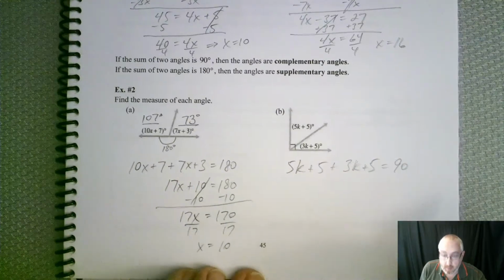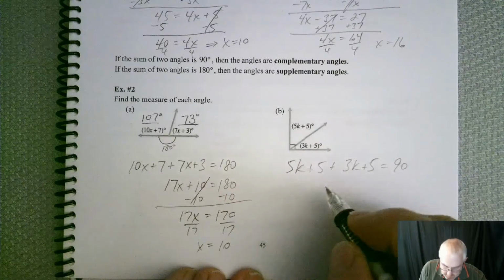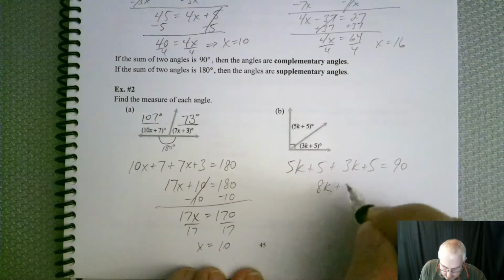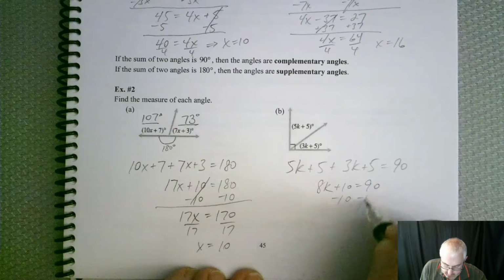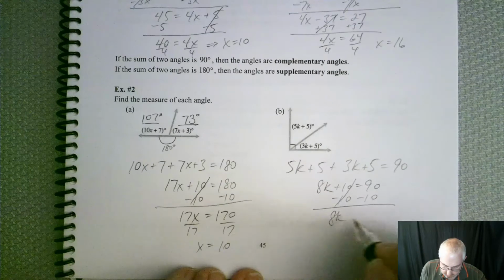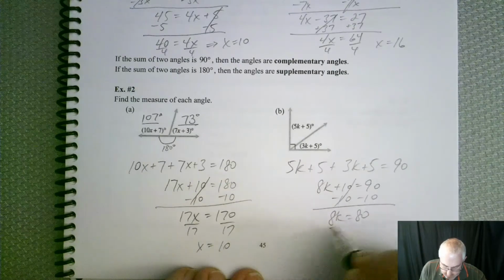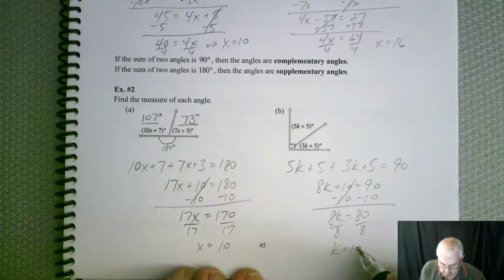And so now let's combine our x's, or not x's, but k's. So we got 8k plus 10 equals 90. Let's lose the 10. And so 8k equals 80. Divide by 8. And k equals 10.